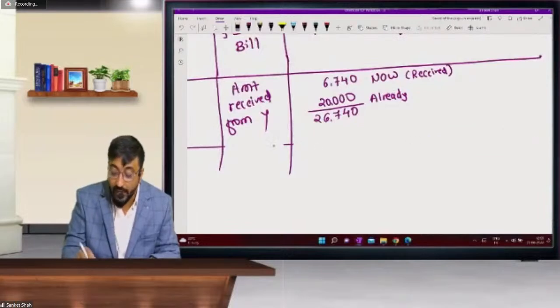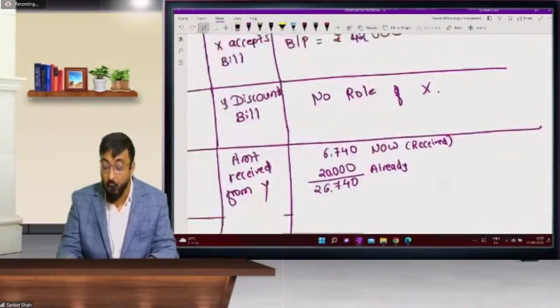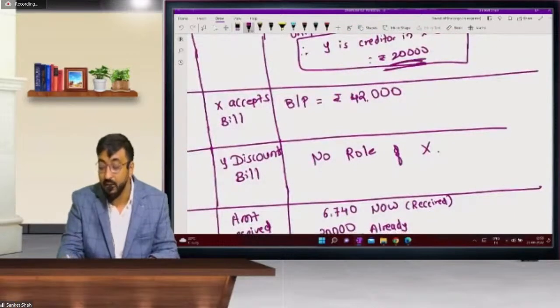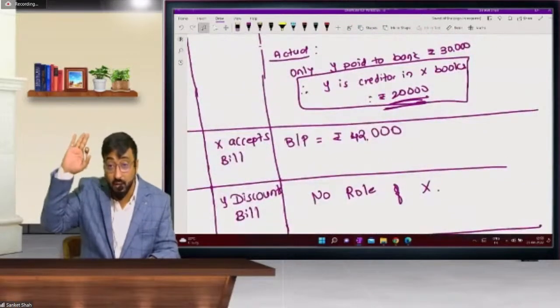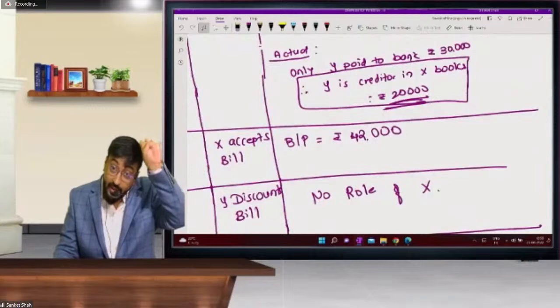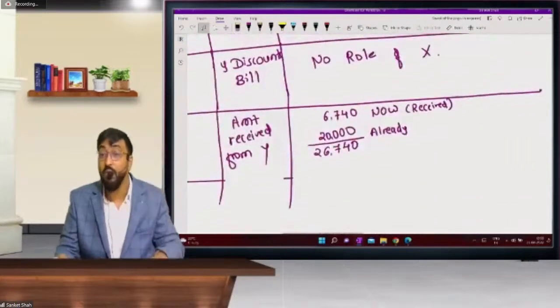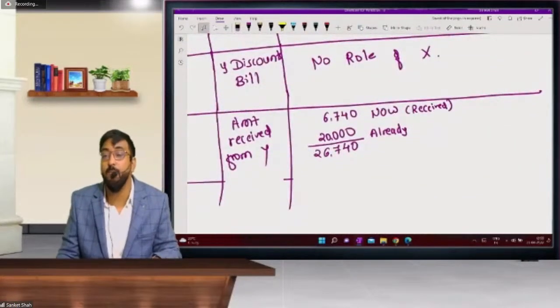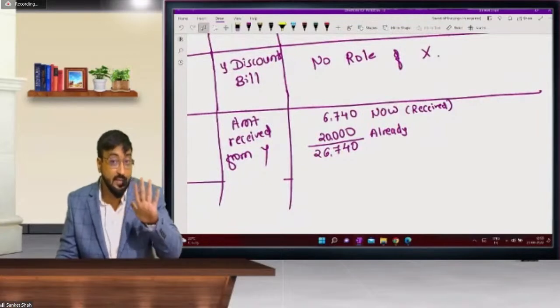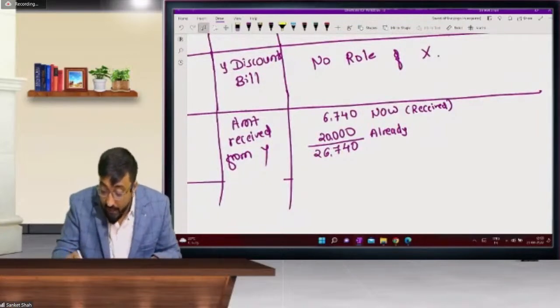And now red pen adjustment. अरे already 20,000 था ना. Y is a creditor of 20,000 already. And now he again sent 6740. Understand now.